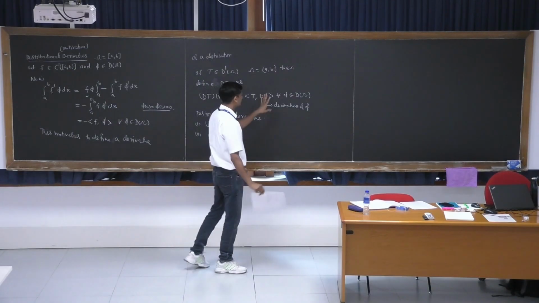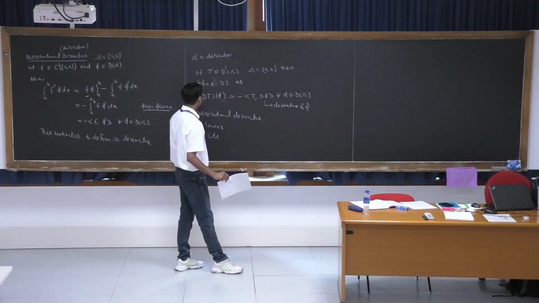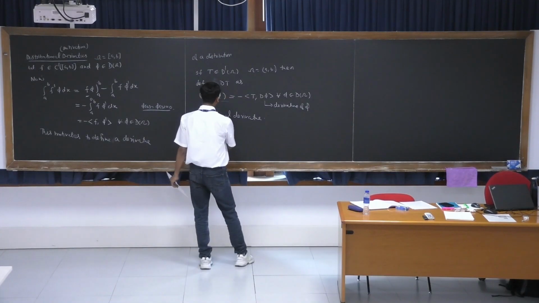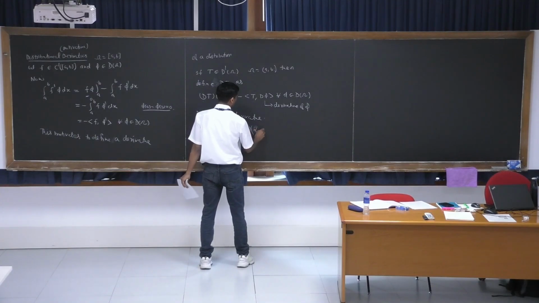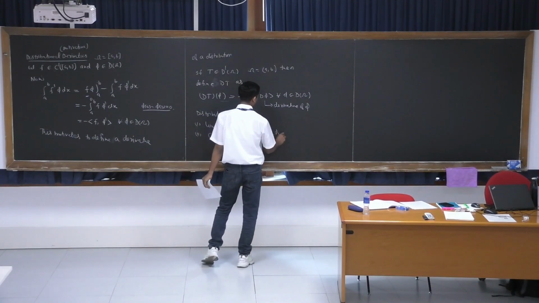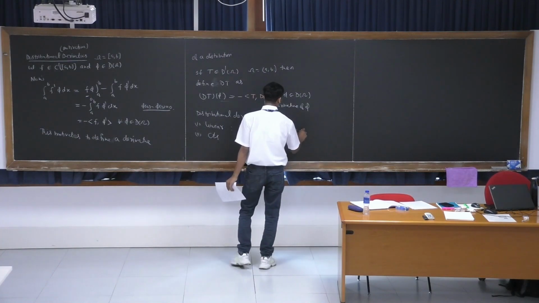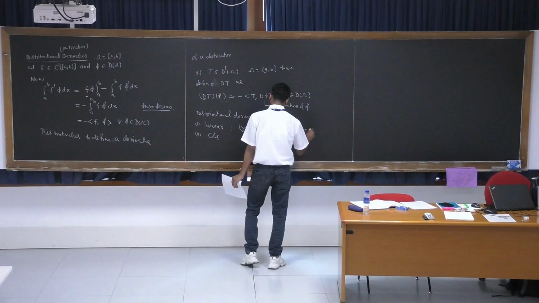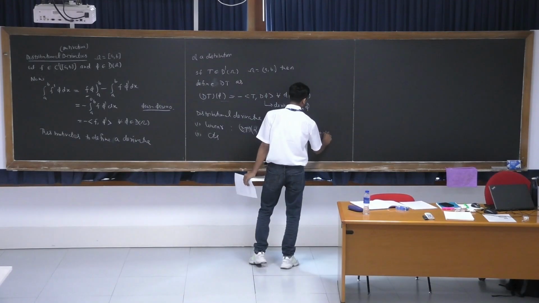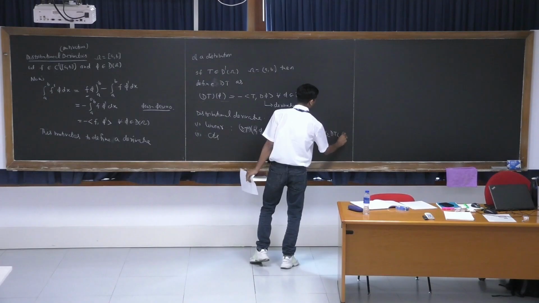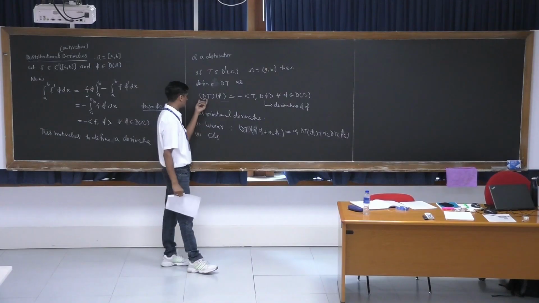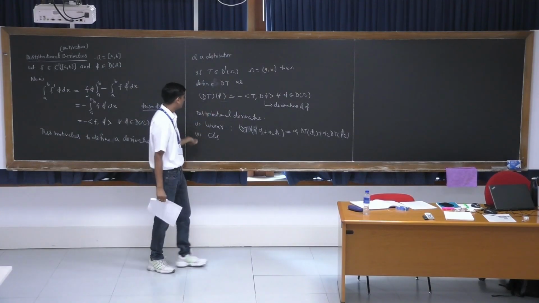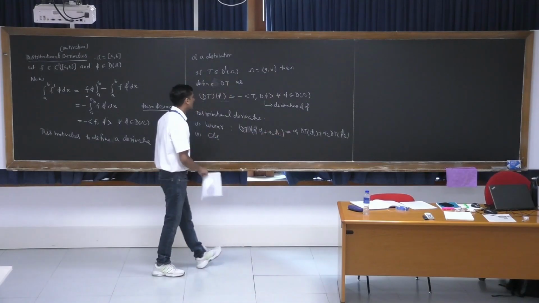You have to prove that dt of alpha 1 phi 1 plus alpha 2 phi 2 is equal to alpha 1 dt of phi 1 plus alpha 2 dt of phi 2. Then, because this is an operator over the function phi, we can say that this is linear.